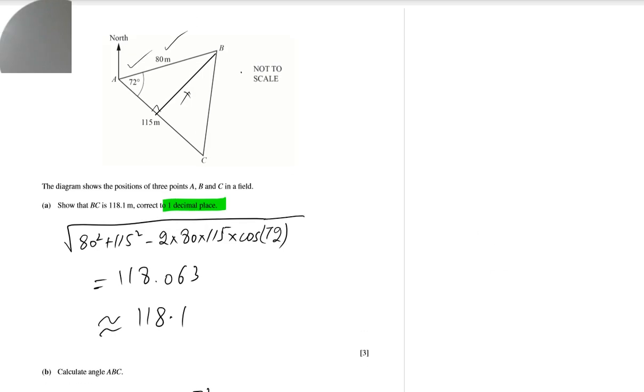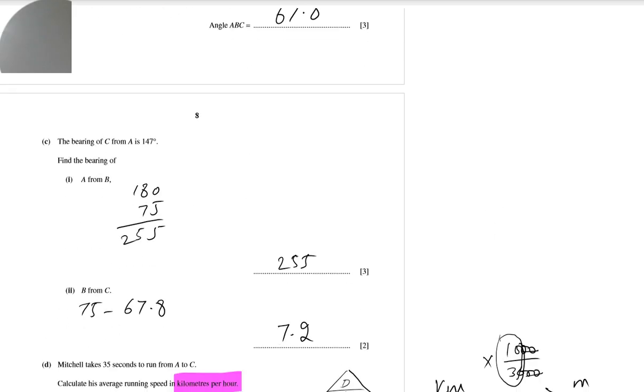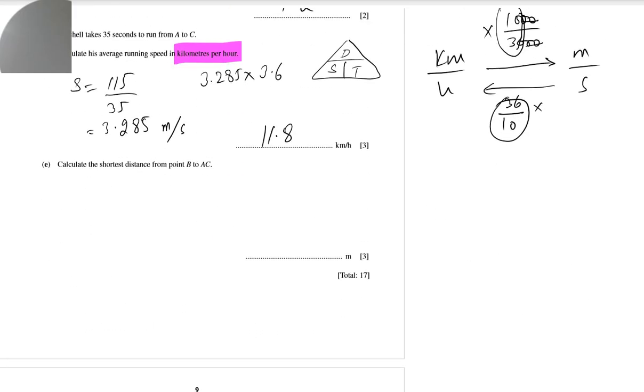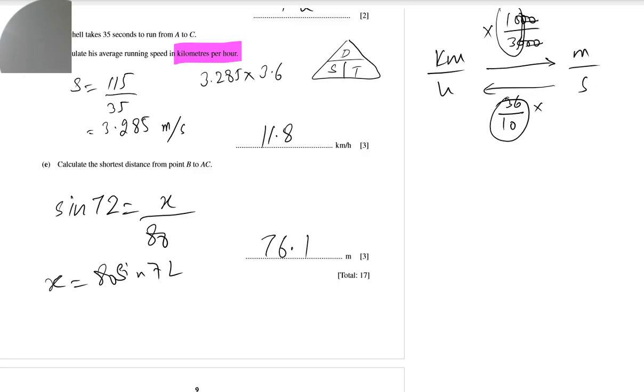Sine of 72 equals x over 80. Your x is 80 sine 72. 76.084. 76.1 would be good enough.